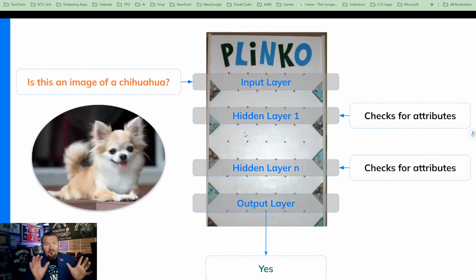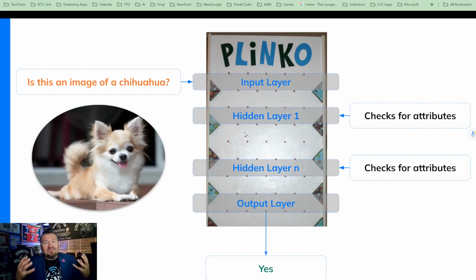You see, if we have an image of a Chihuahua as our input, and we are asking these machines, is this an image of a Chihuahua? It doesn't have eyes, but it does have the data of thousands of images of Chihuahua in its data set, and thousands of images of blueberry muffins in its data set.